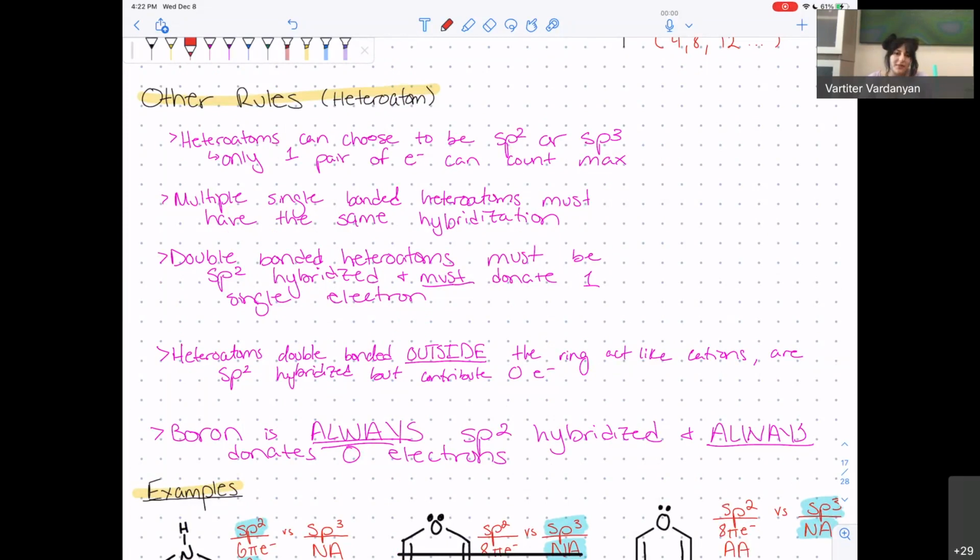If you have a double bonded heteroatom, it has to be sp2 and it donates 1 single electron. The 2 exceptions are heteroatoms that are double bonded outside the ring. You can pretty much treat them just like carbocations. Boron is the same exact thing. It's always sp2 and it's always donating 0 electrons. So we can just pretend it's a carbocation.